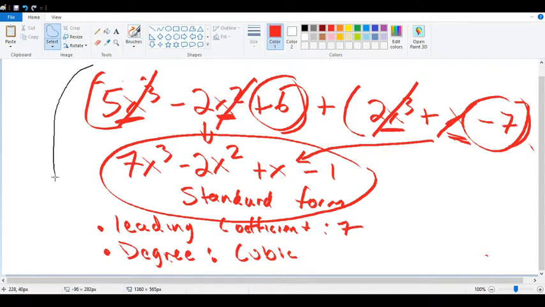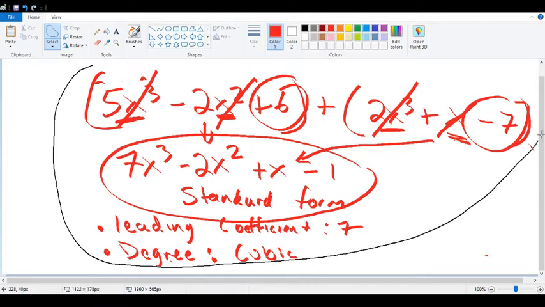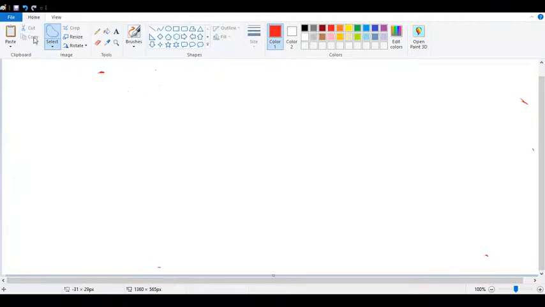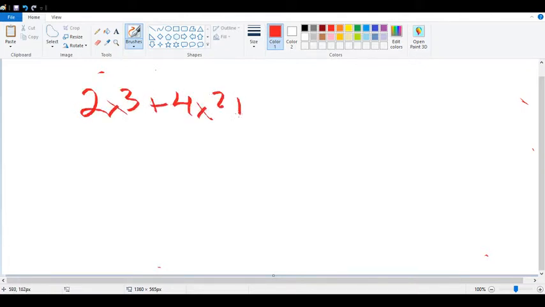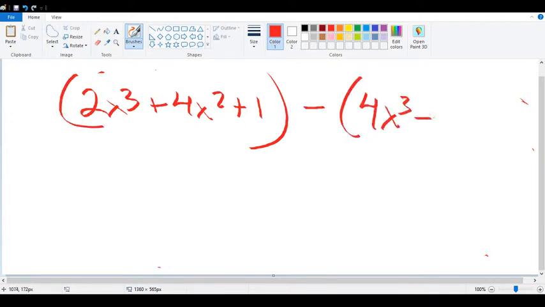So now let's subtract polynomials. 2x to the third plus 4x squared plus 1 minus 4x to the third minus 4x squared plus 6.